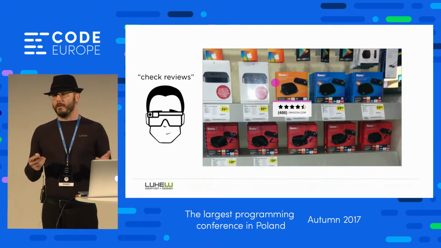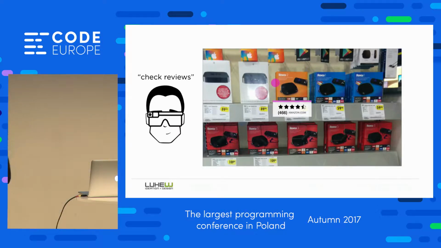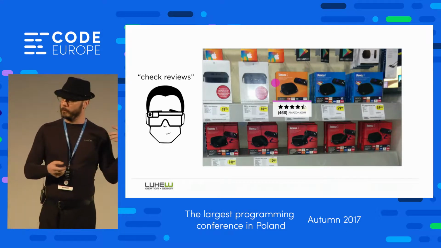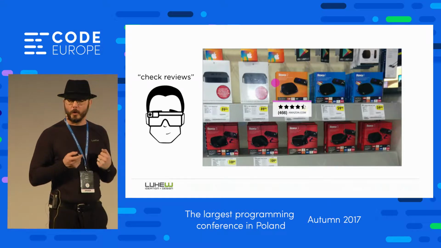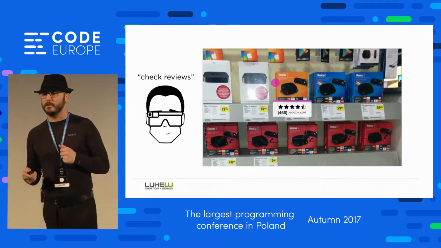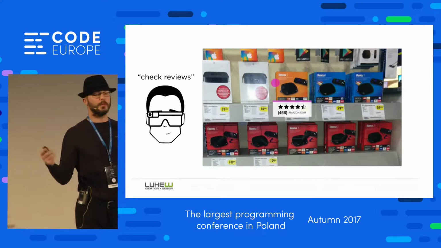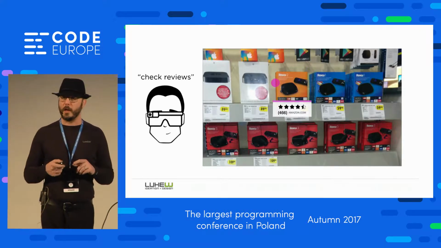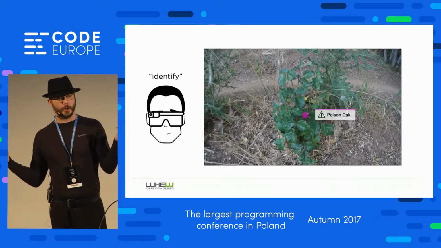To give you more of an idea of that, we're going to look at Luke W's ideas. This guy is a well-known generator of ideas about what augmented reality can be. He's good at user experiences. So this is one user experience that we could have once augmented reality is everywhere in the future.